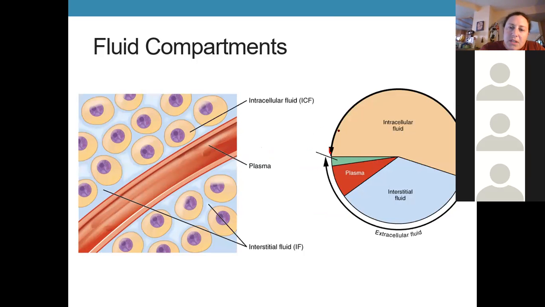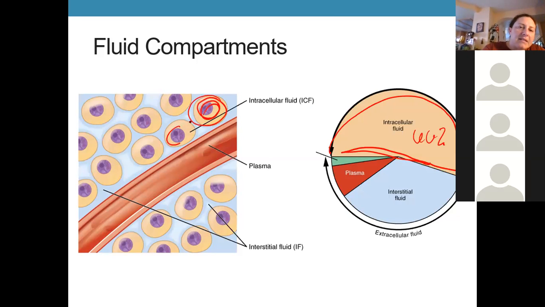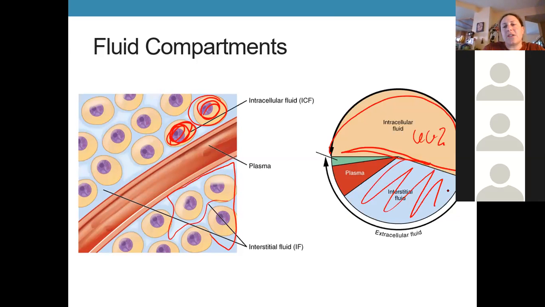So intracellular fluid, that's about our 2/3 right here, 66%, is what's inside these cells. And then the extracellular fluid is everything else. So the interstitial fluid makes up the majority of everything else. Most of our extracellular fluid is interstitial.